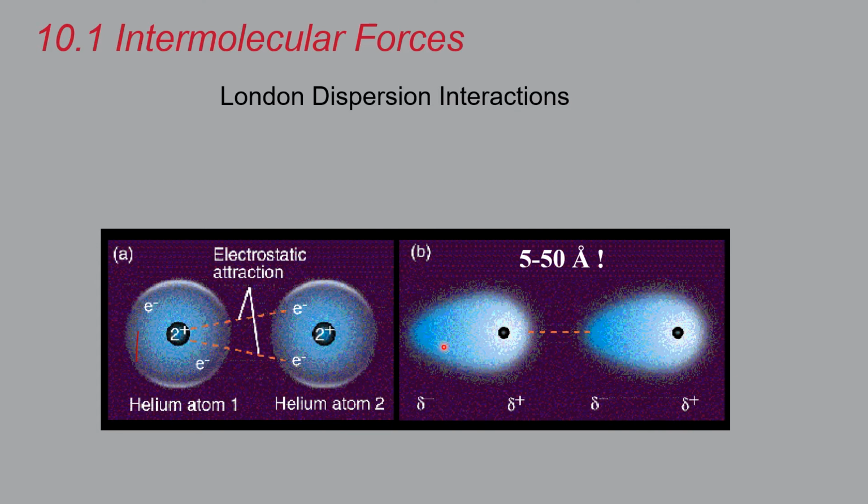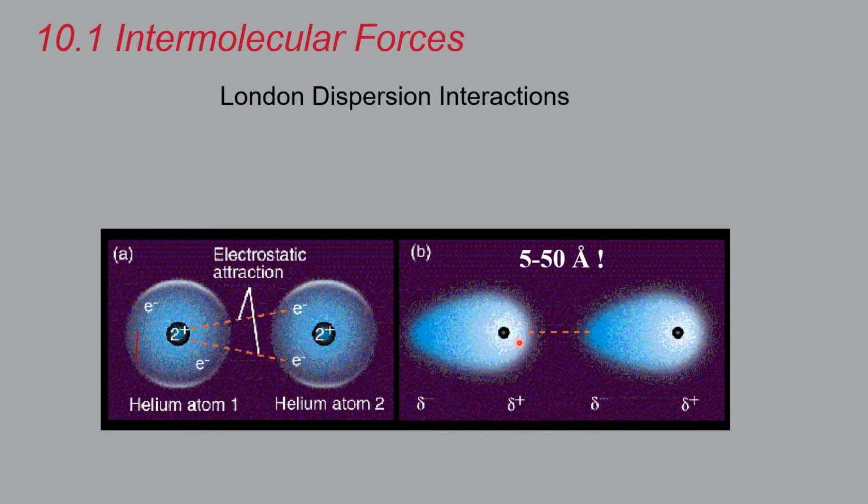And those electrons spend a little more time on the other side, right? So way back here, on this back end of helium atom 1, you've got a partial negative charge that sets up, and you've got a partial positive charge at the front end, because the front part now has less electron density than it did before.